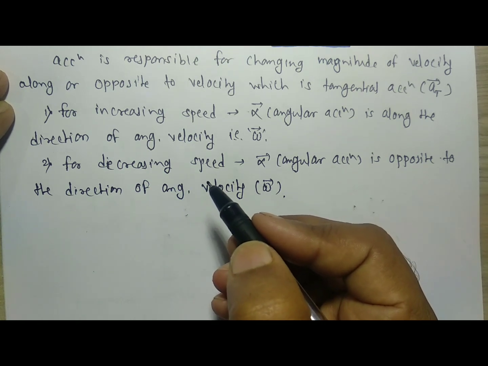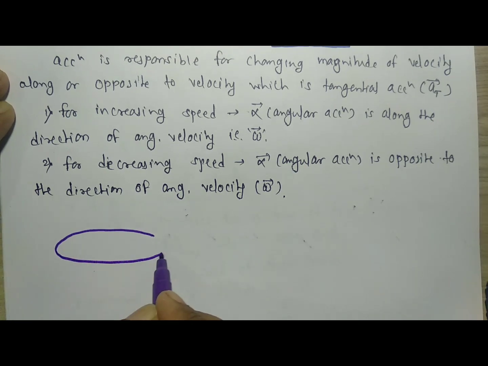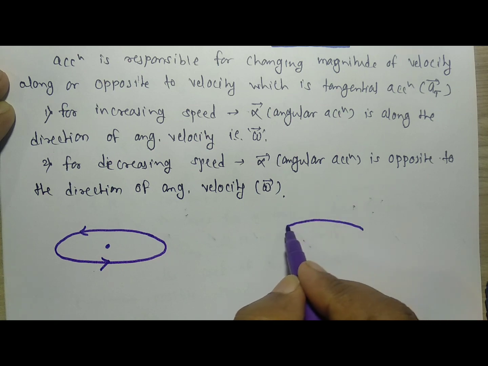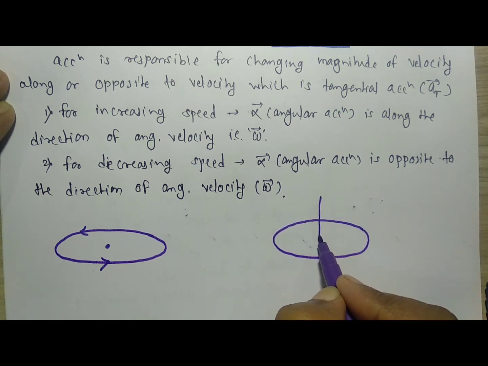What do you mean by that? First of all, we have to consider it like this. Here we have a circular motion, and the particle moves in an anti-clockwise direction.